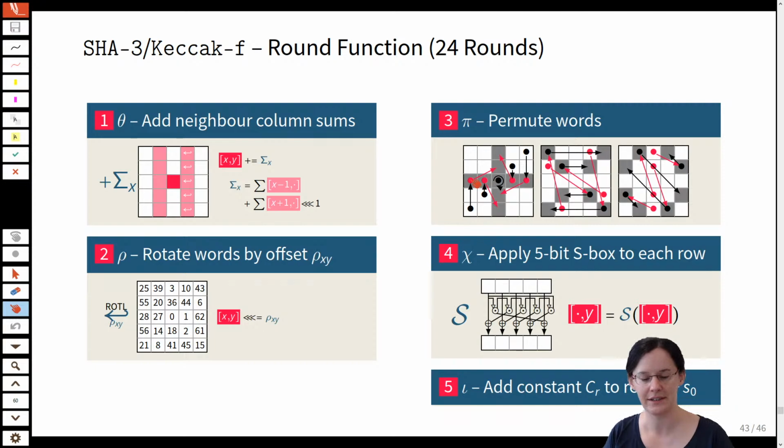So here you always see the word in the red position moves to this other position indicated here. And since there are a total of 25 different movements, I couldn't fit them all into one picture, but they essentially all are happening at the same time. But you see, it's a pretty messy picture. There are some regularities, but it's impossible to remember what exactly goes on. So all of these are linear operations.